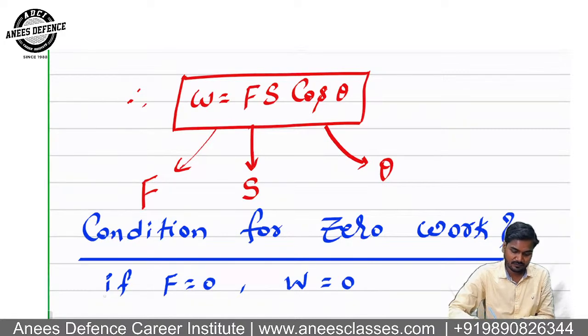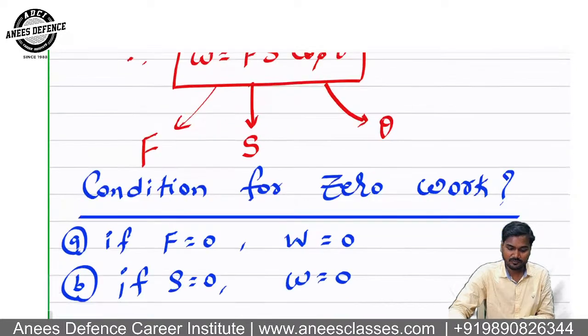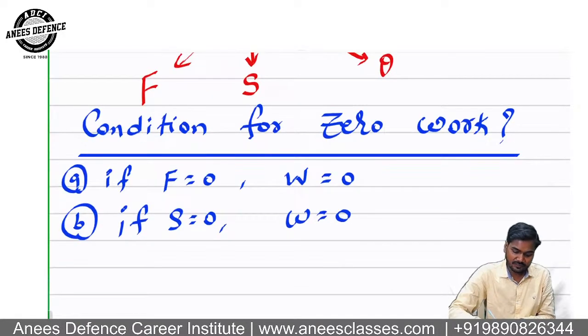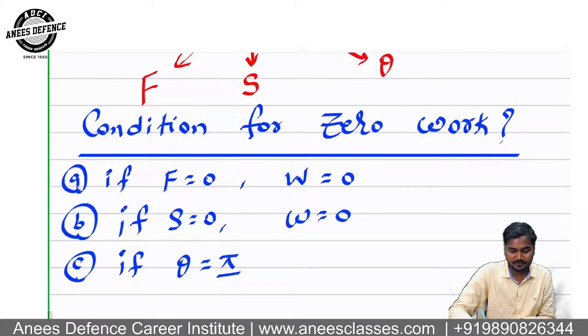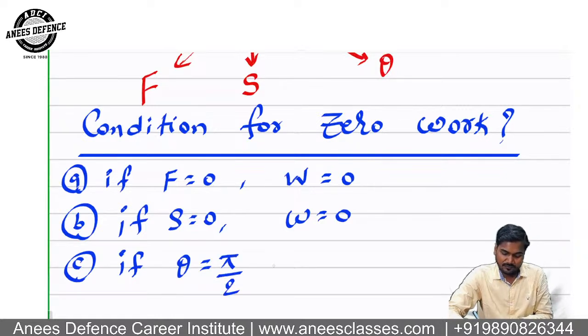Condition number two: if displacement is zero, work done is said to be zero. Condition number three: if theta is 90 degrees, then cos 90 is nothing but zero.